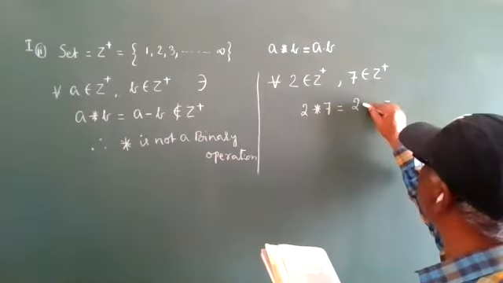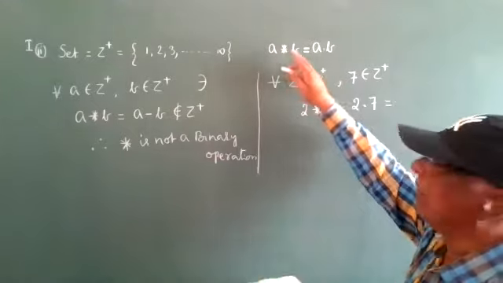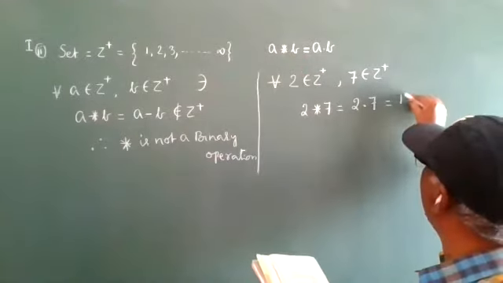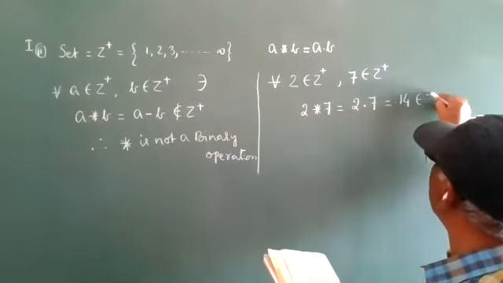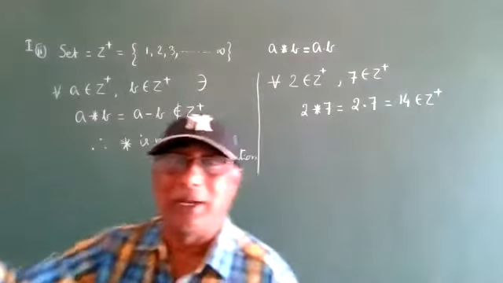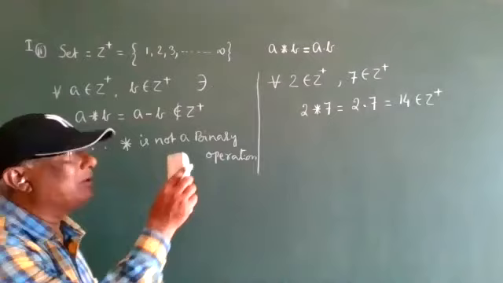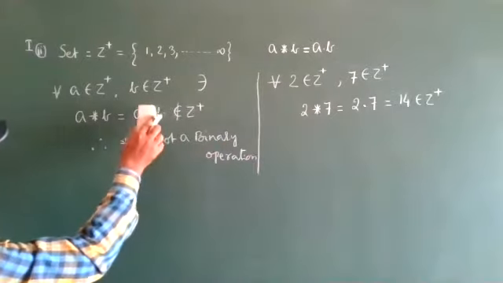So 2 into 7, first element into second element, is 14. 14 also belongs to Z plus. Therefore, now it is a binary operation. So the example is clear.